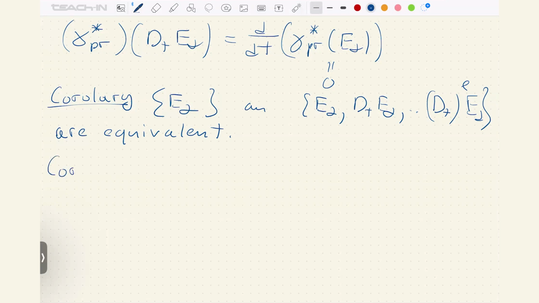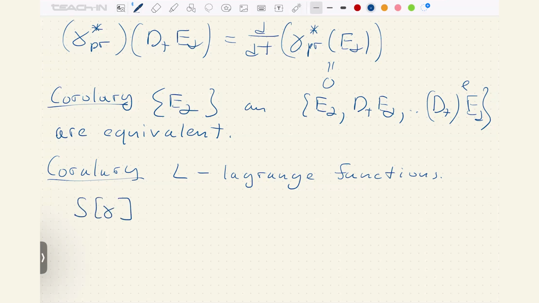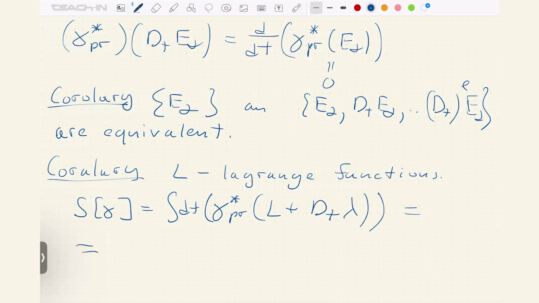Another corollary is that if L is a Lagrange function, then if we evaluate the action of L plus a total derivative, let's say of some function lambda, this is going to be what?